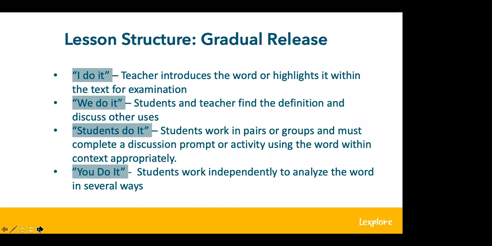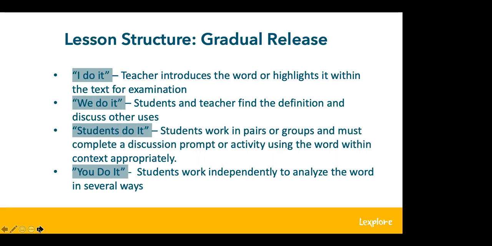The gradual release method would begin with the teacher highlighting the word within the text or the lesson and prompting the students in analyzing for meaning. Together, the teacher and the students can confirm their findings with a definition and discuss other uses of the word. I believe this next step is the most essential in solidifying the word in the memory.